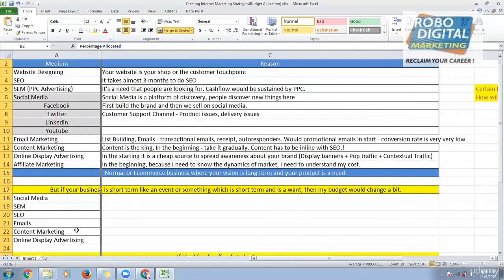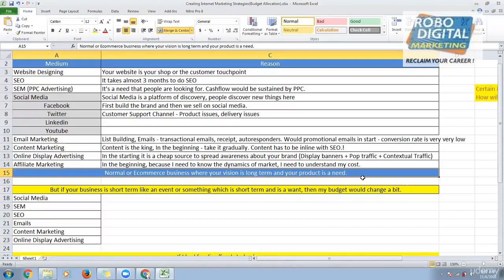For example, let's take a case. I am talking about a normal or an e-commerce business where your vision is long term and your product is a need. Your product is required in the market. I give you X budget, and you have to divide that budget according to percentage.